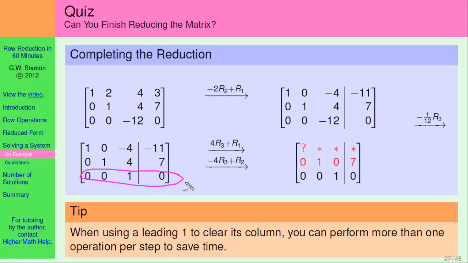Multiplying row 3 by 4 gives us 0, 0, 4, 0. And this time we are adding to row 1. And we have 0 plus 1 is 1. 0 plus 0 is 0. 4 plus negative 4 is 0. And 0 plus negative 11 is negative 11.